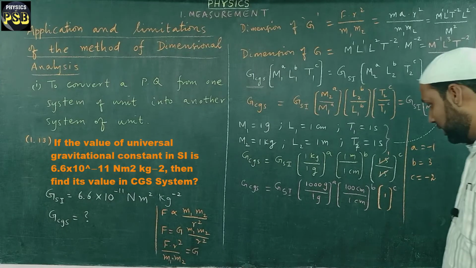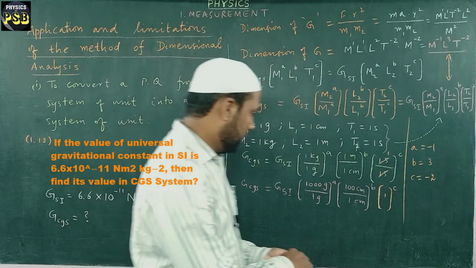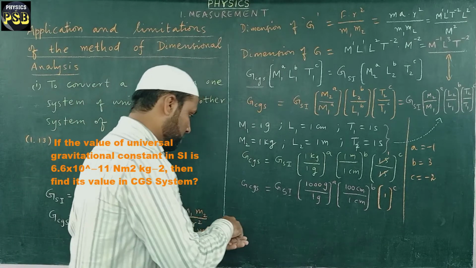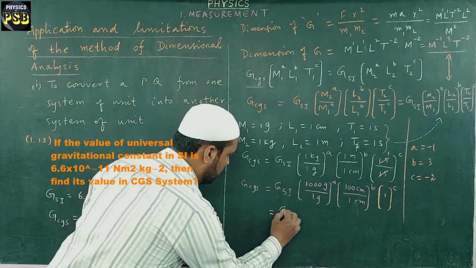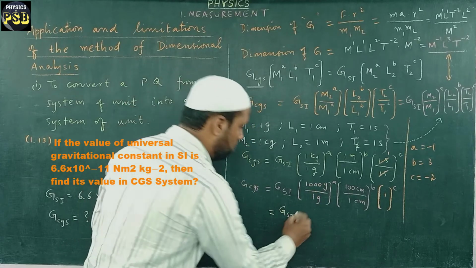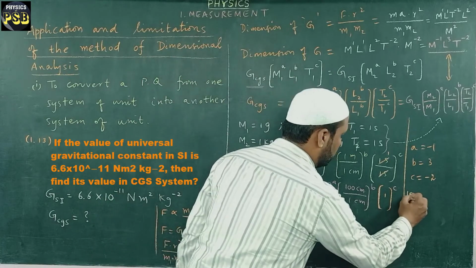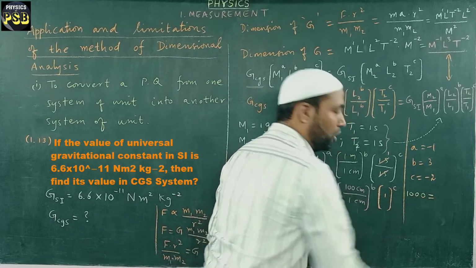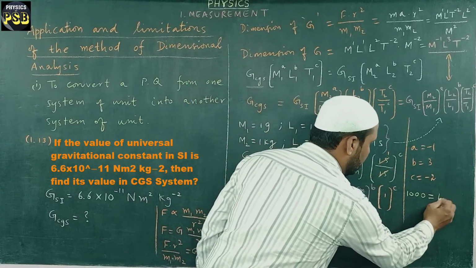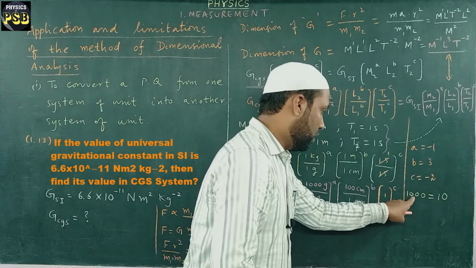Let's see what I get if I do so. Before going ahead, let me write this part. 1000 divided by 1 is 1000. See how to write this in terms of power of 10. Write 10, then count how many zeros are there in 1000: 1, 2, 3.